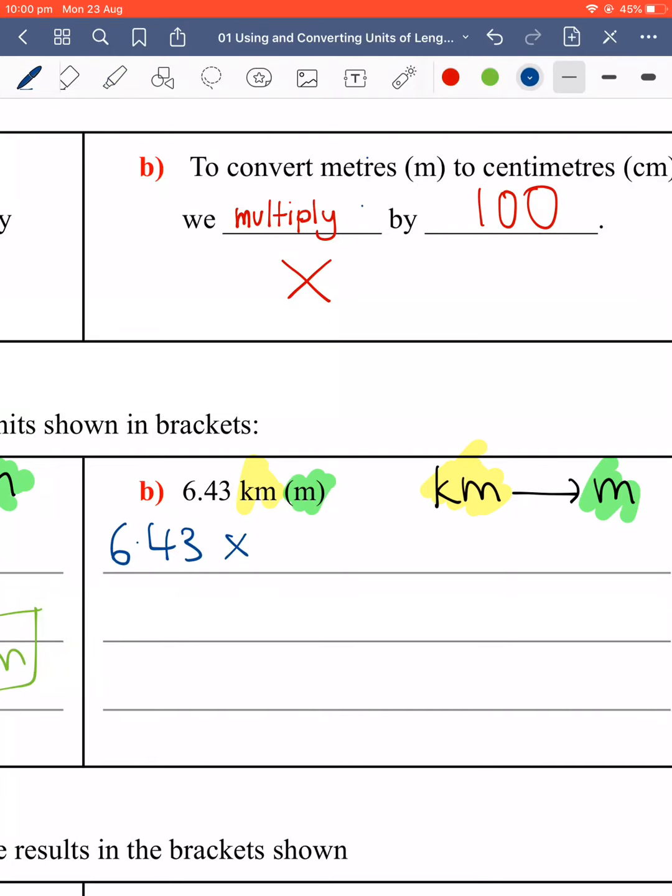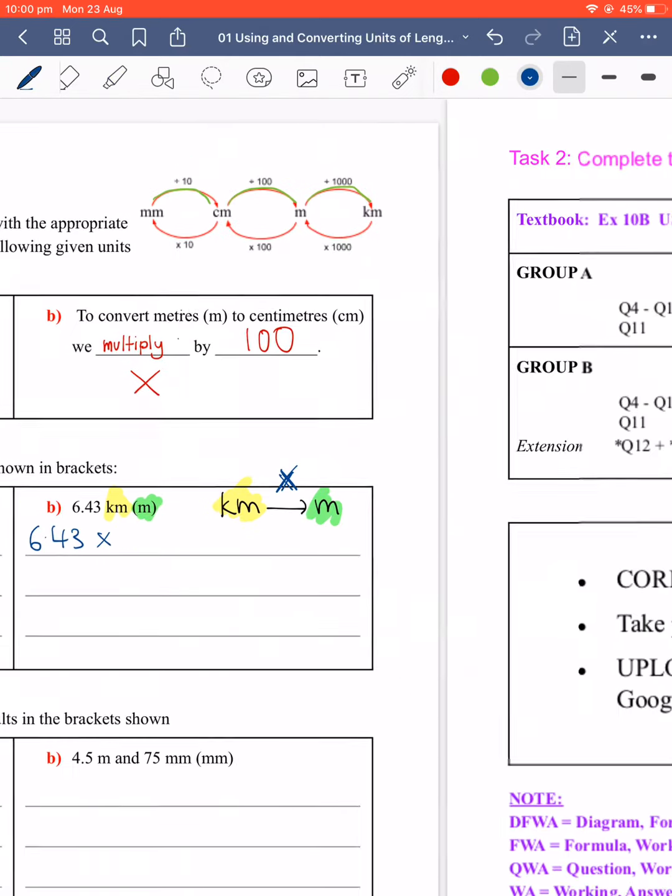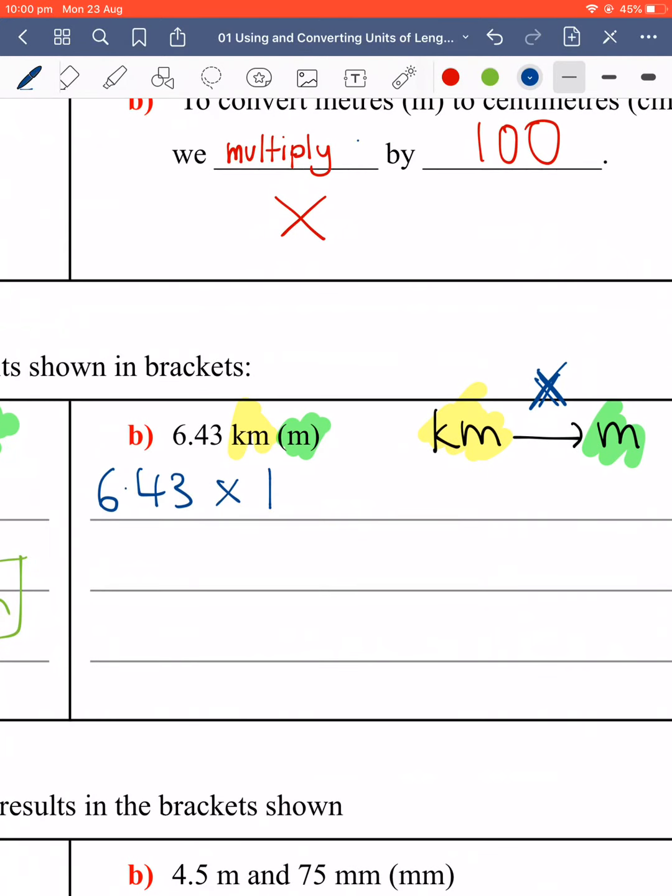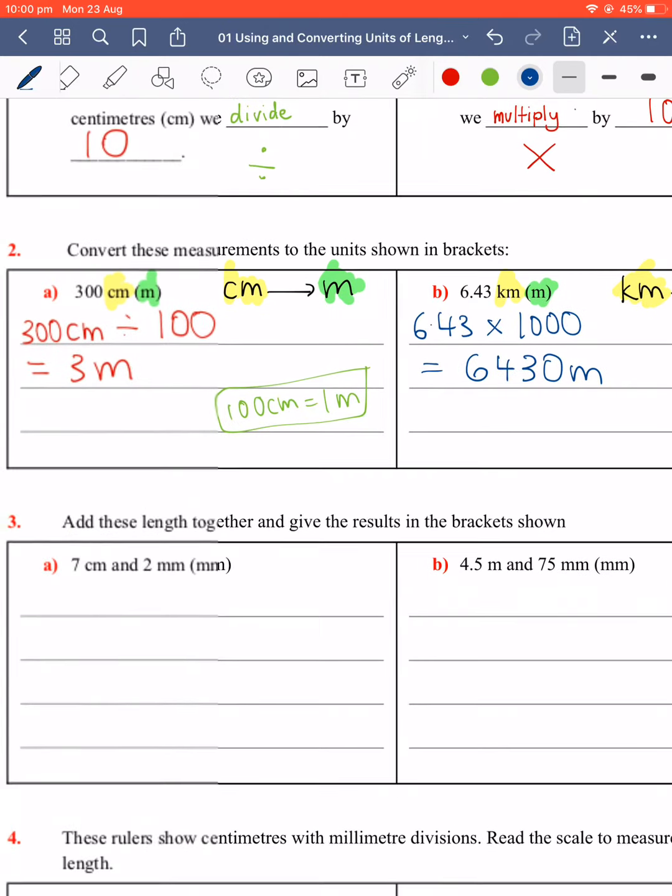So as I said before, we are going to be multiplying by 1000. So I should end up with 6,430 meters. That will be my answer for that one.